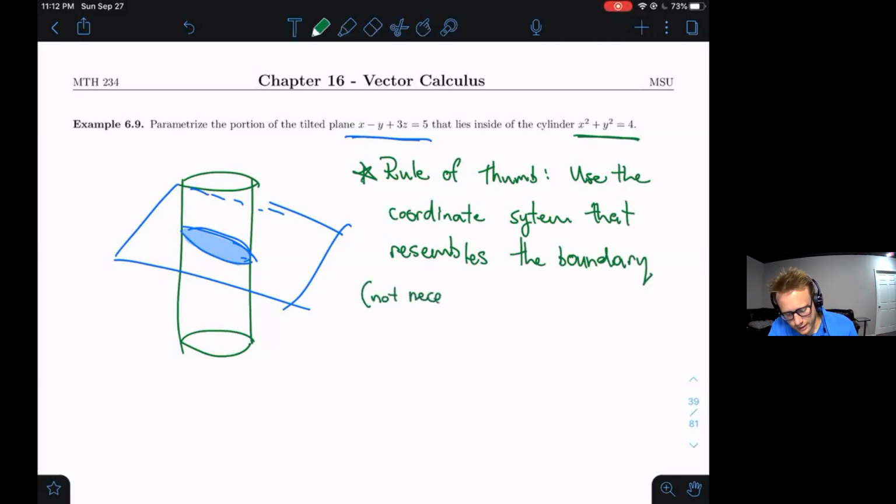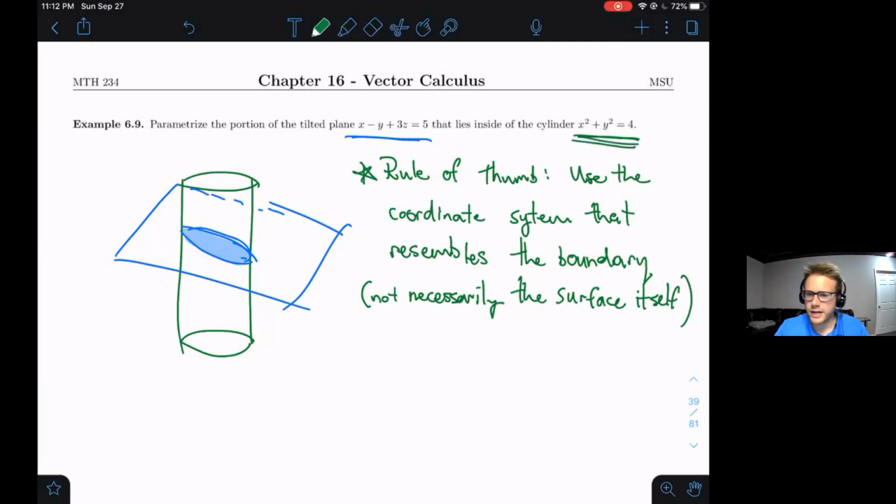Not necessarily the surface itself. All right, so in this case, we're going to use cylindrical, because our boundary is a cylinder here, and you'll see that this turns out quite nicely.